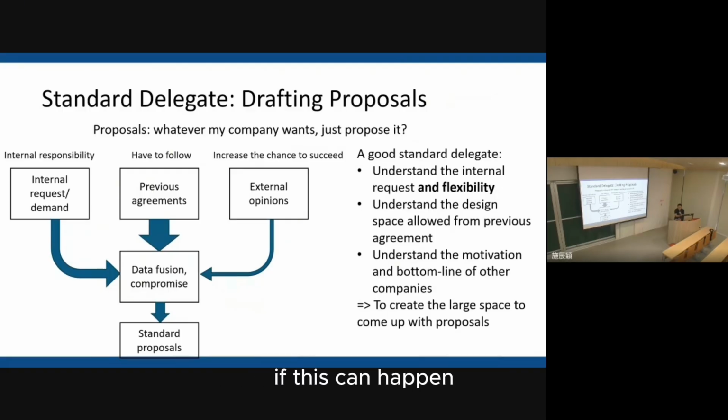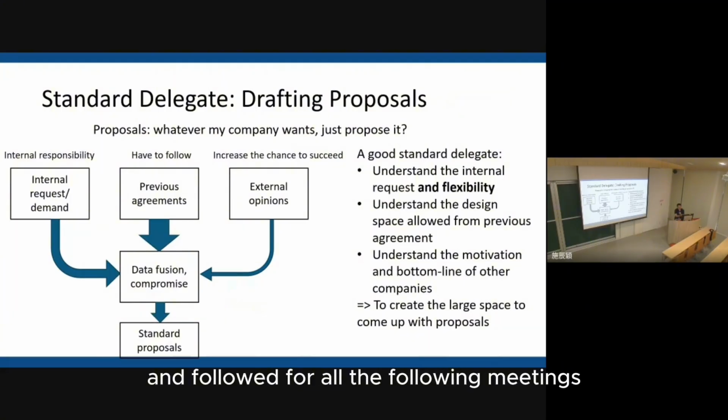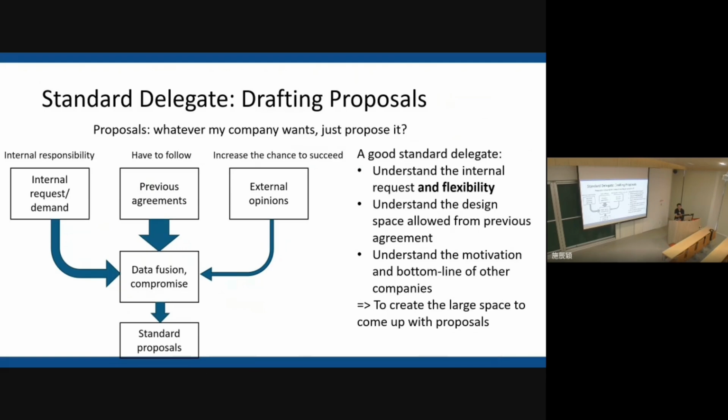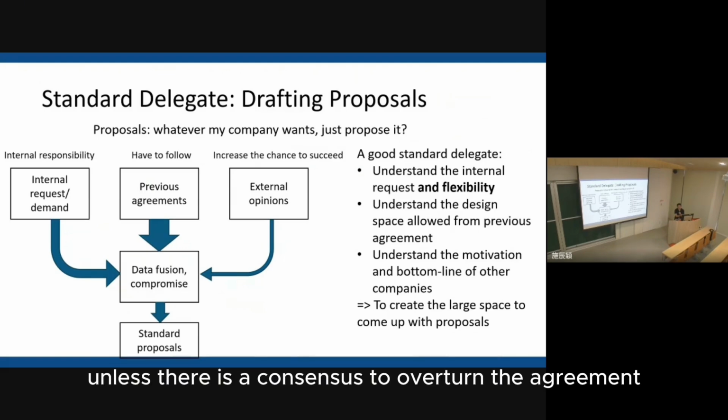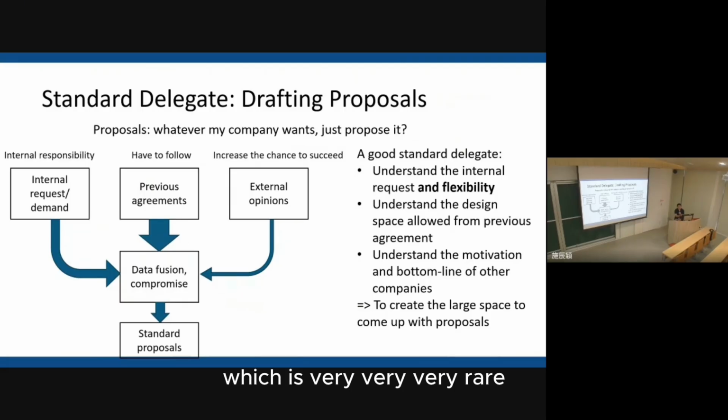If this can happen, then there's no ending to the discussion. So from the 3GPP perspective, whatever is agreed on the record has to be respected and followed in all the following meetings, unless there is a consensus to overturn the agreement, which is very, very, very rare.